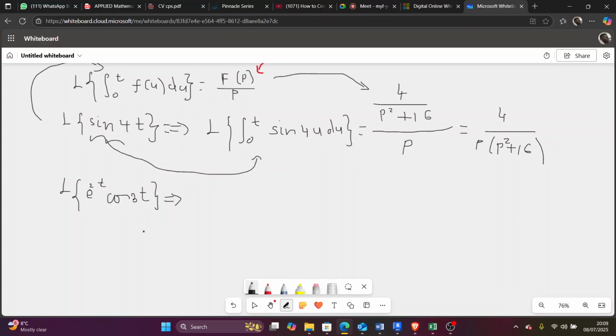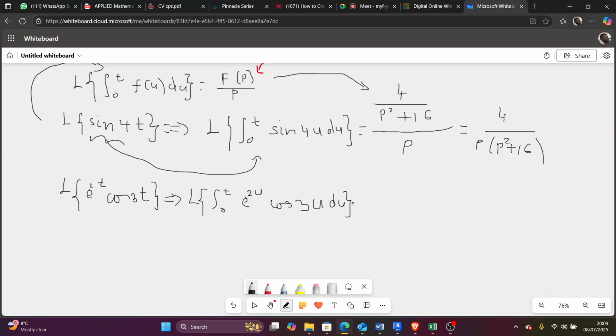First thing, we have to rewrite it according to the formula. It will be Laplace, open bracket, integration from 0 to t of exponential 2, where there is t we replace by u, multiplied by cos of 3, where there is t again we replace by u. Sorry about my handwriting. And here du.